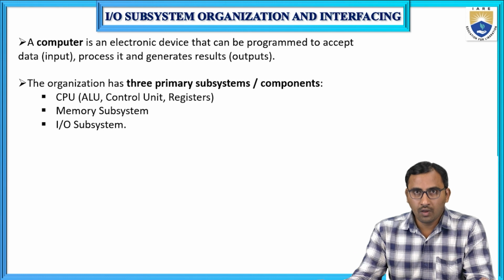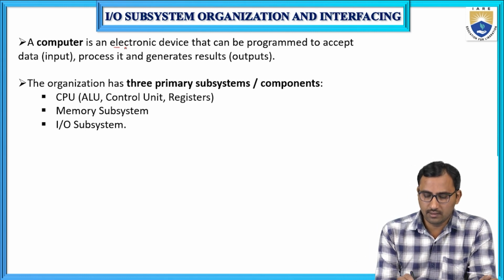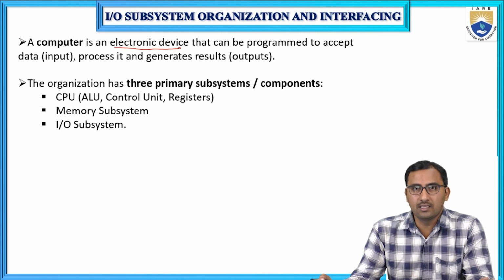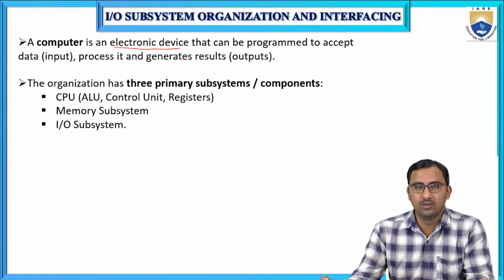Already we have seen in the previous class the definition of the computer. A computer is an electronic device that can be programmed to accept the input, process it, and then generate the results. If you see any basic computer organization, it consists of three primary subsystems or components.